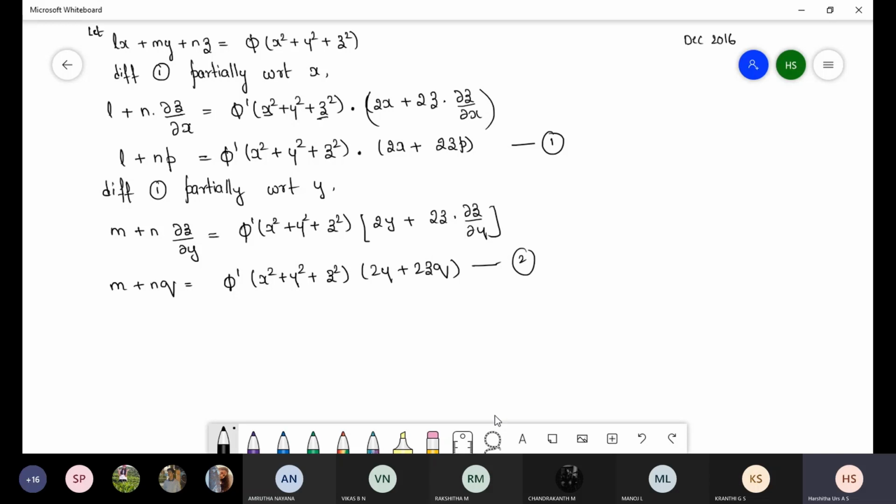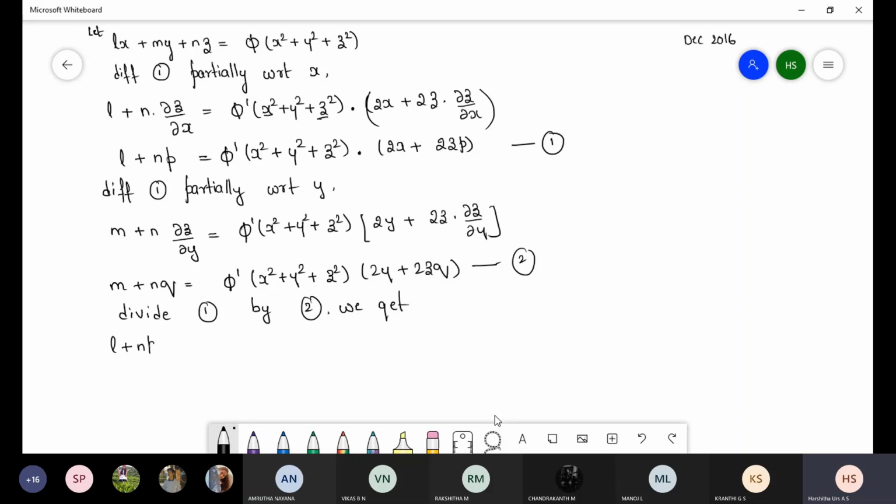In the next line, divide equation 1 by equation 2. So what is our equation 1?